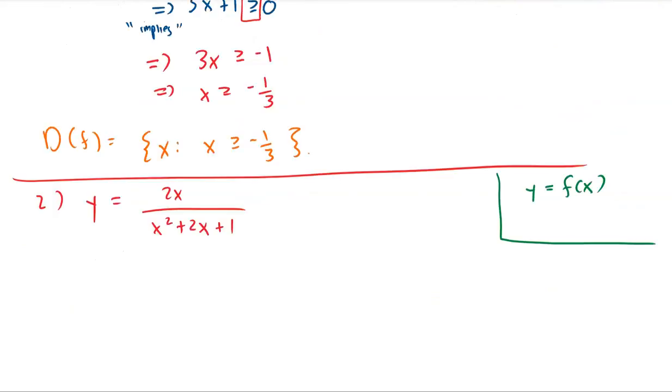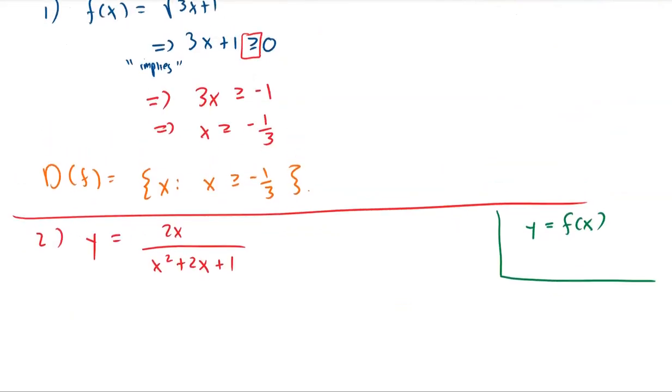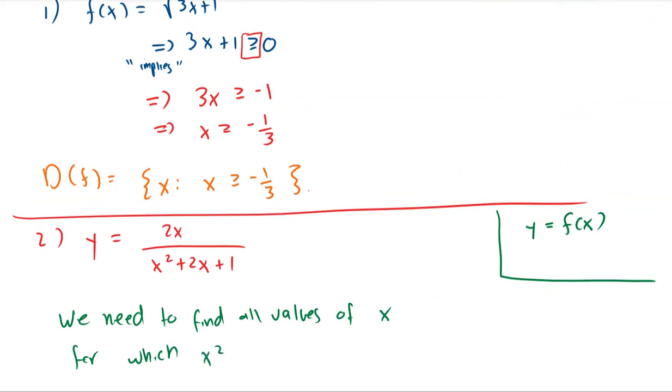So that means that for us in here, we need to find all values of x for which x squared plus 2x plus 1 equals 0. Why do we want to find them? Because once we know what they are, we can remove them from the input set, and everything that's left over is the domain.